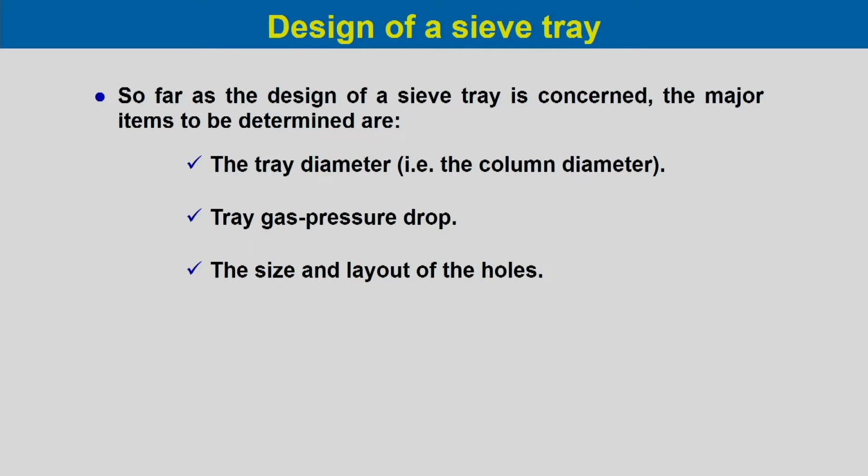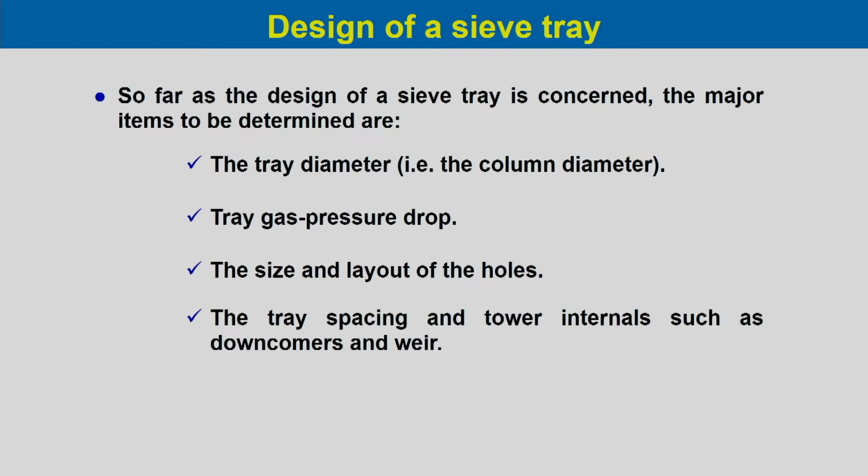The hole layout and size, the tray spacing, and tower internals such as downcomers and weir, and tray efficiency. All this we will discuss briefly in this lecture, but mostly the detailed design of the plate columns or sieve trays is available in your design course, or you will learn it in future. So, we will just briefly highlight to give a basic understanding of sieve tray design.